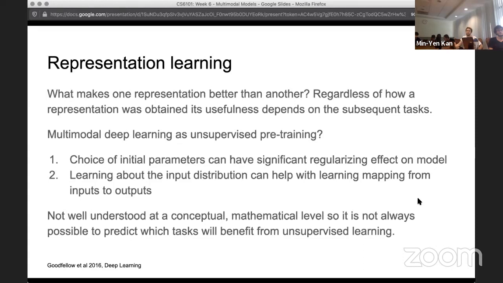It's some sort of circular definition, because you cannot define a good representation until you define what you're going to use it for, and then you cannot know how to build a good representation. So the question is, how can you go about building representations that can be useful for your task at hand?